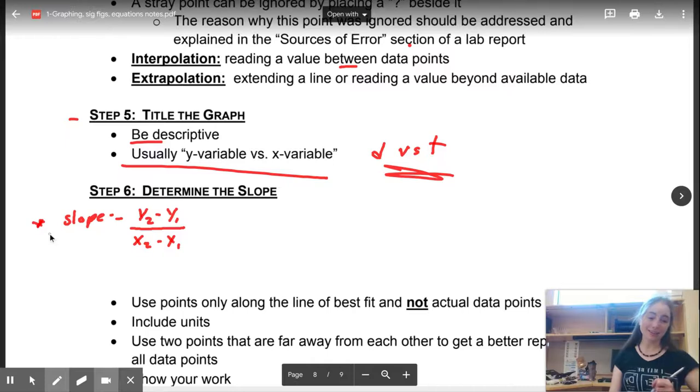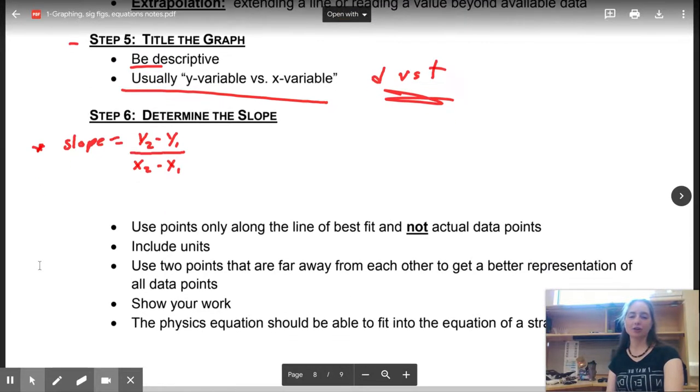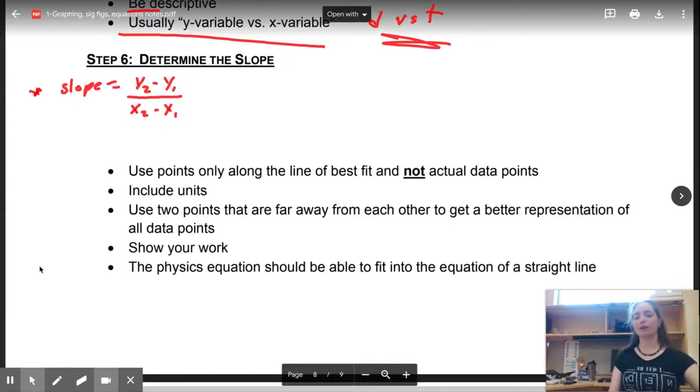All right. The slope is going to be very valuable. A couple of key things when you're calculating your slope and using your equation. You use points only along the line of best fit and not actual data points. Yes, I can tell the difference, and you will lose points if you do this. Why is that important?